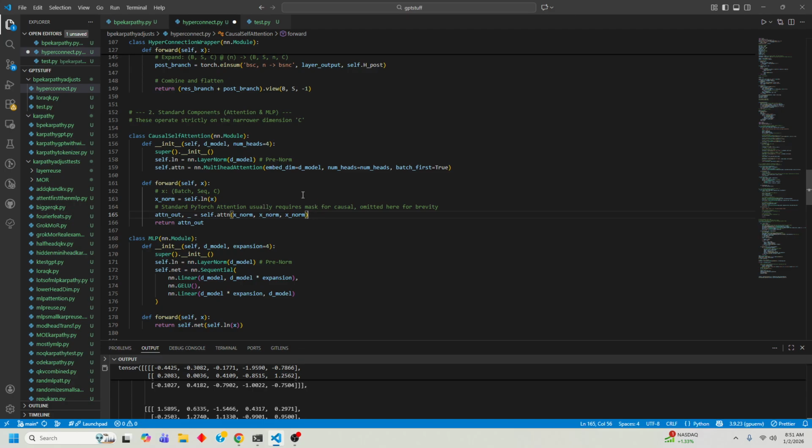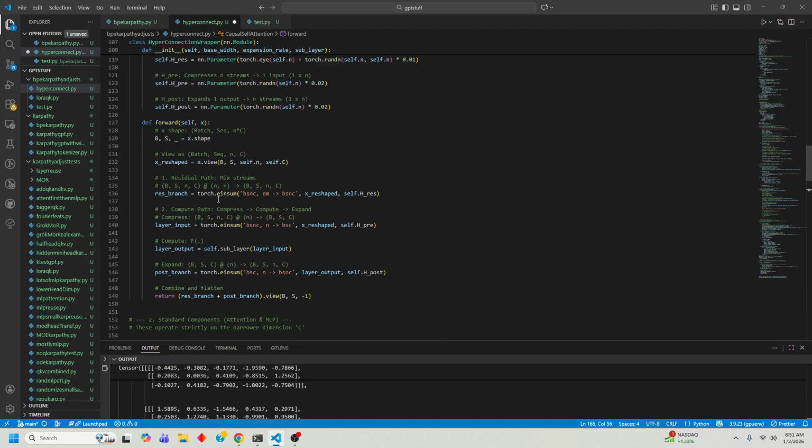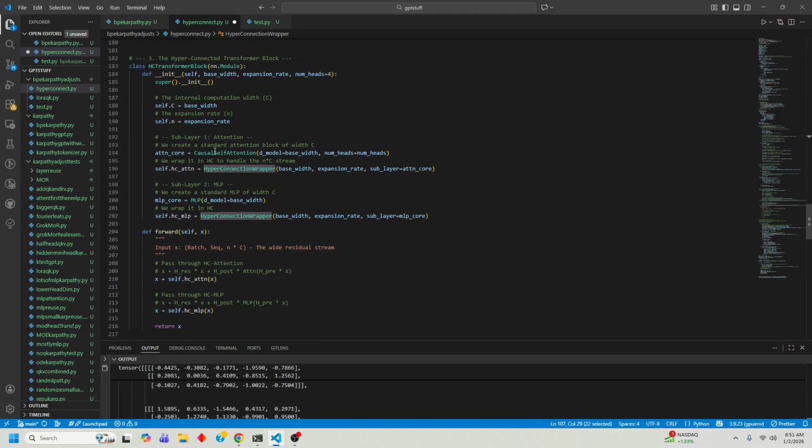I just, like I said, used Gemini real fast to get an understanding of what's going on here. So you have the attention mask, the MLP, and then you have this wrapper, the hyperconnection wrapper, which gets used with the base layer of the attention core and with the base layer of the MLP.